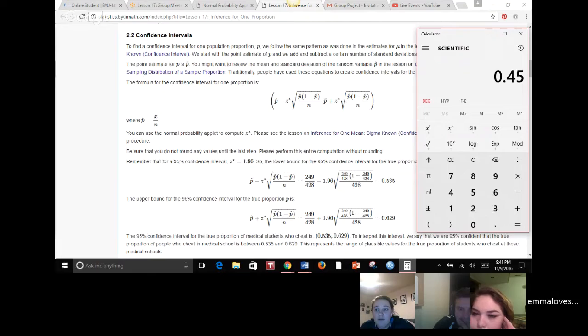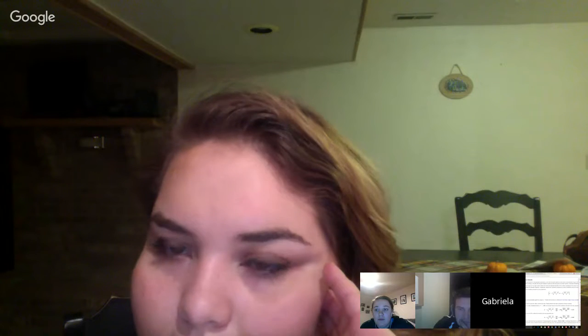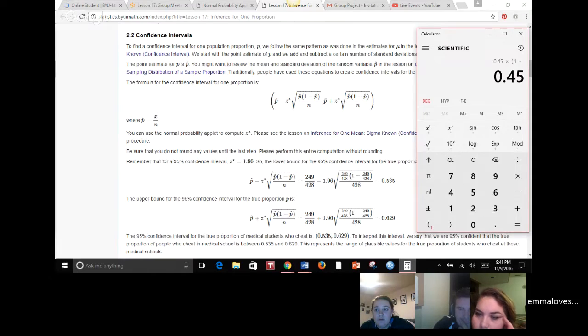So it's not 45, it's 0.45. So 0.45 times parentheses 1 minus 0.45, end of parentheses. We're going to divide that by the n, which is 60. I get that number. I'm going to square root that number. Then I'm going to times that by the z-score, which is 1.960, equals.